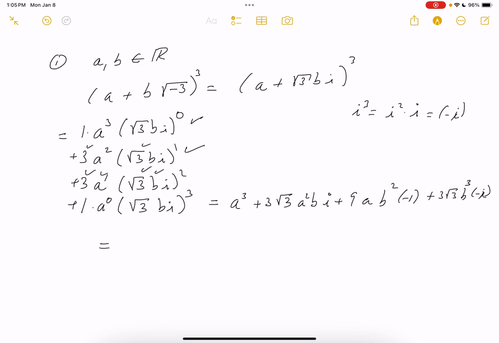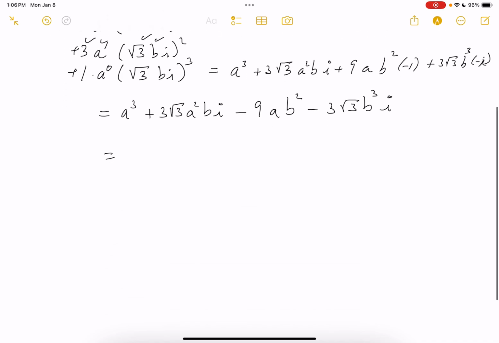I'm going to clean it up, and that's going to give me a cubed plus 3 root 3 a squared bi minus 9ab squared minus 3 root 3 b cubed i.